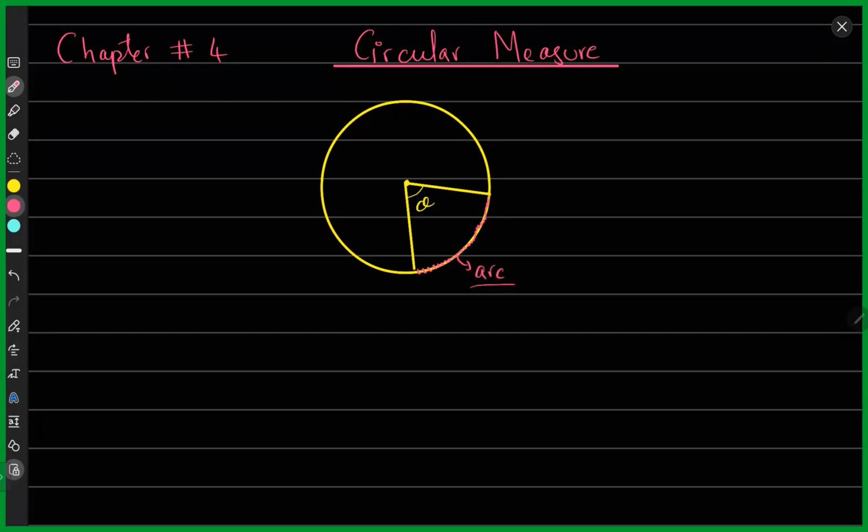Okay, this is an arc, and if I talk about this entire triangular diagram or shape, whatever you want to call it, this is basically a sector. Okay, so this is what we need to talk about.